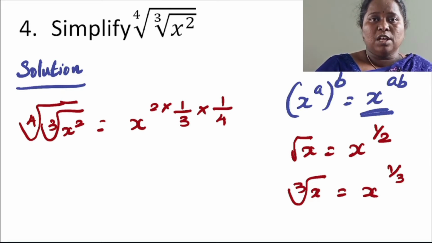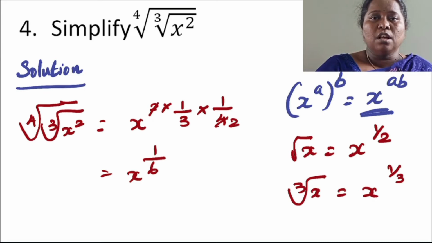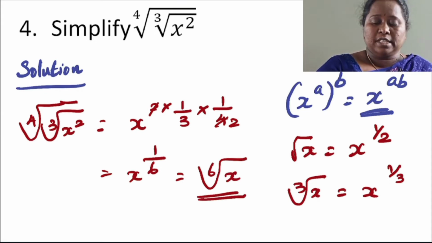So x power 2 into 1 by 3 into 1 by 4. Now, normal multiplication: 2 twos are 4, which will get cancelled. So x power 1 by 6. This can be written as the 6th root of x.